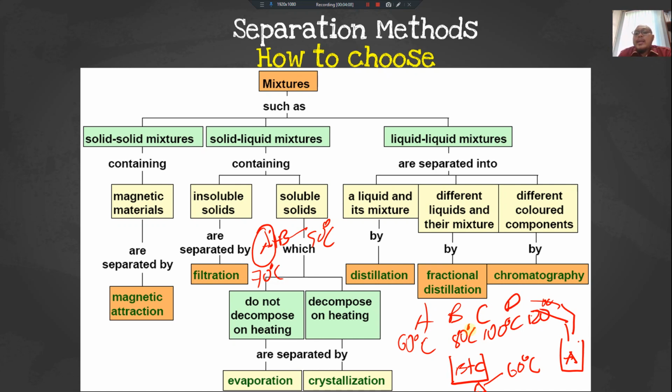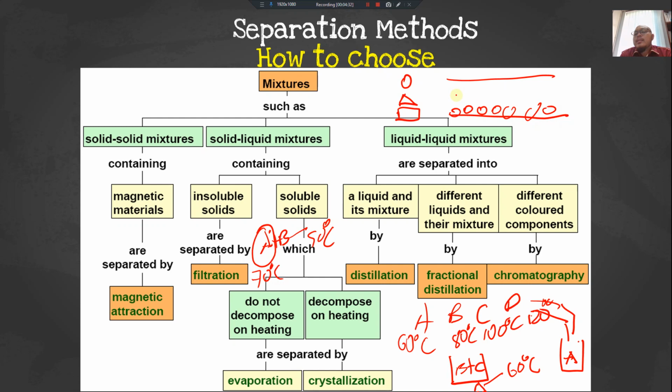And then you can separate them into different colored components. It means that you want to separate them all together at one time. It means that you have three components, and after they enter the column in chromatography, they have different reactions with the stationary phase.